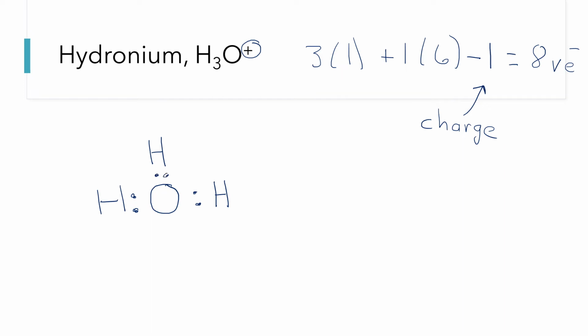That uses 6 of our 8 electrons, so those 2 leftovers have to go on that central oxygen. Oxygen has an octet. Each of the hydrogens has a duet. And so the last thing we have to do, because this is a polyatomic ion, is draw square brackets around our structure and then put a +1 charge outside of those square brackets.